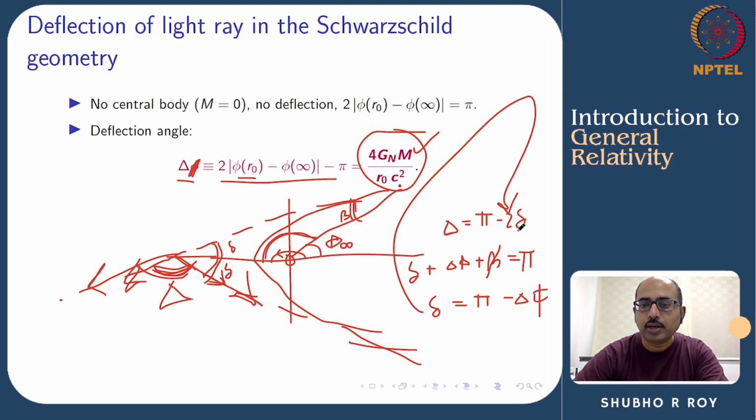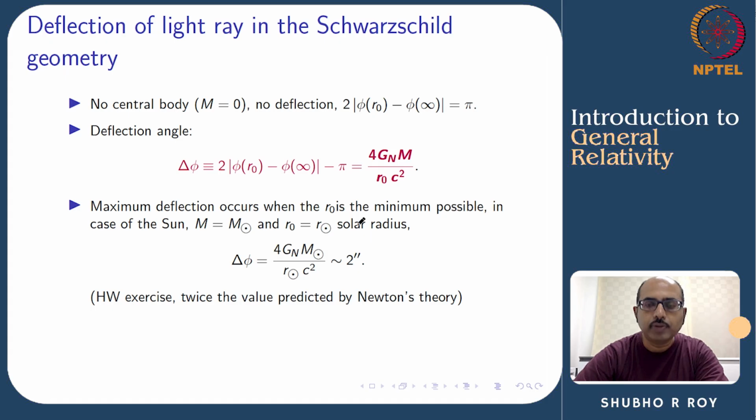We brought back the c squared because we want to plug in numbers and see the value in particular physical cases. We see this deflection angle is actually very small, because the gravitational field is very weak, of the order of a few arcseconds.